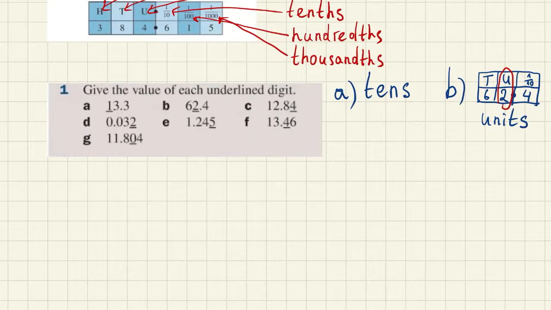In C, so here is our tens, here is our units. This is 1/10, tenths, right? And then we have hundredths here.